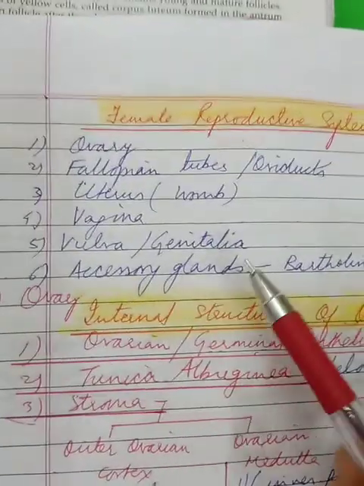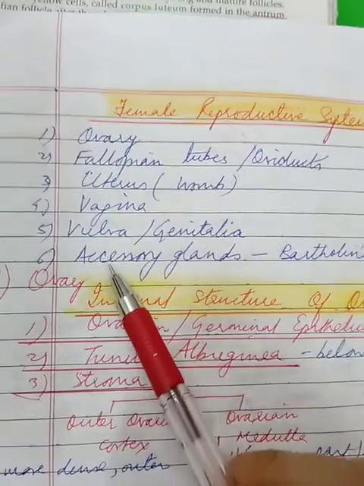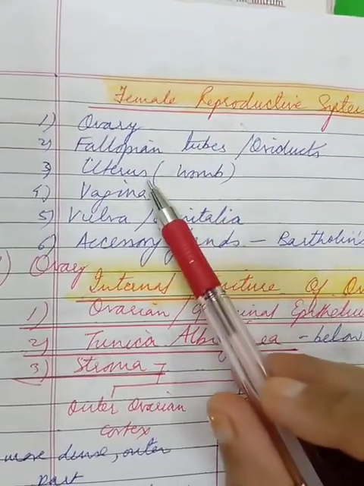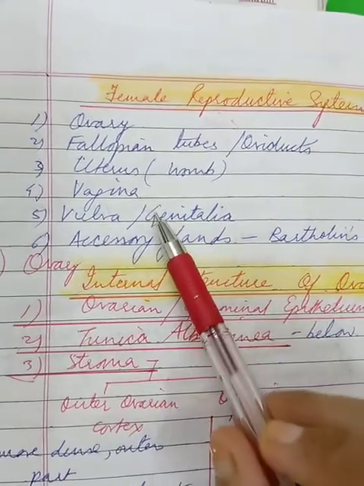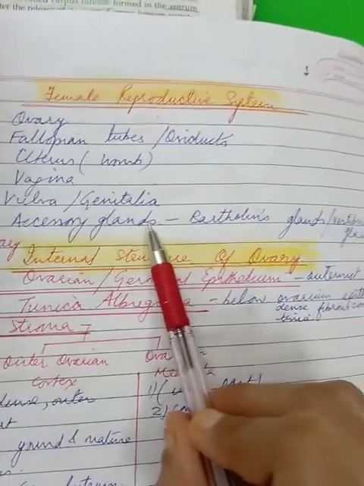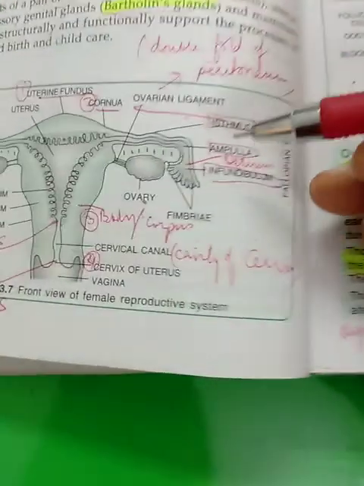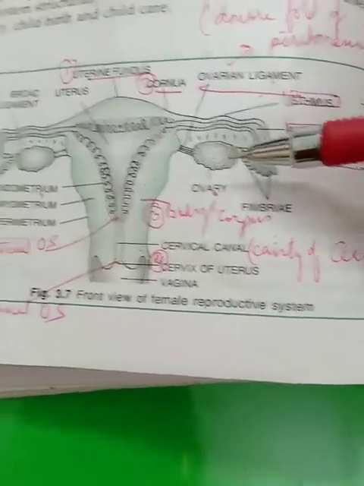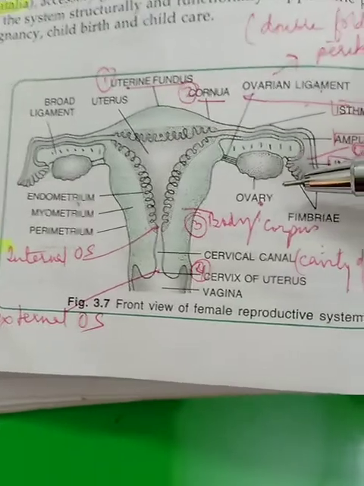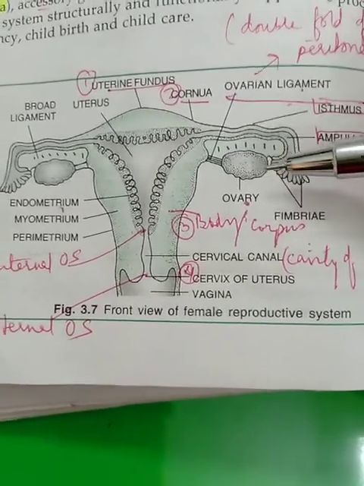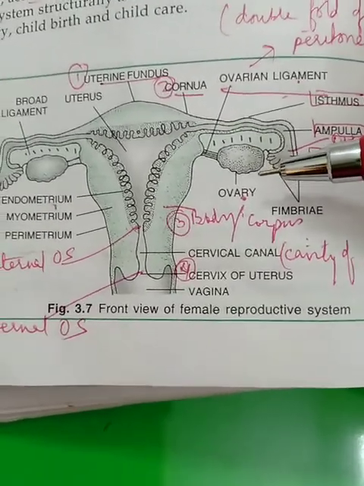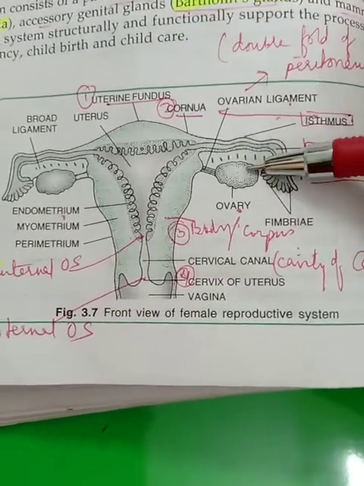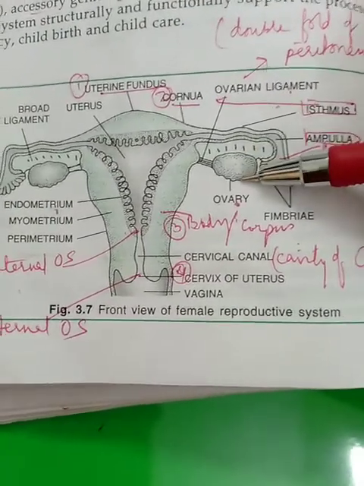I have decided to take up points under 6 headings: ovary, fallopian tubes, uterus, vagina, vulva and the accessory glands. Ovary, when we talk about, these are a pair, left and right ones, almond shaped, grayish pink in color, and they measure around 2 to 4 centimeters in length and 1.5 centimeters in width.